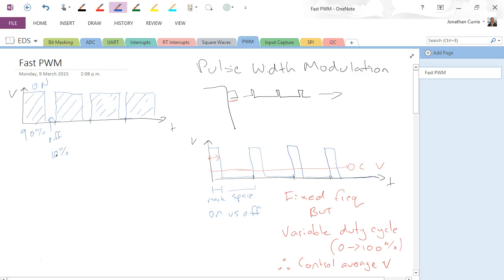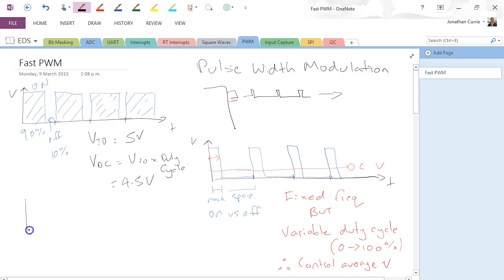Of course, those will always add up to 100%. If VIO equals 5 volts, then VDC, where VIO is the normal output voltage if it was just a digital pin, would be equal to VIO times the duty cycle, which in this case would give us 4.5 volts.